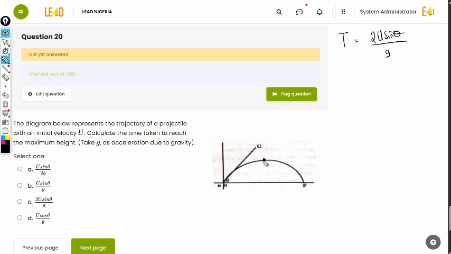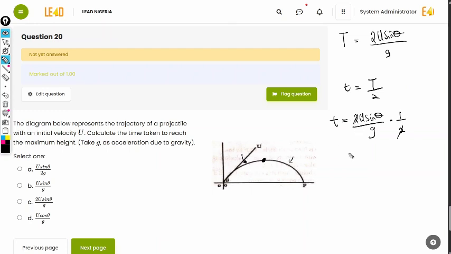But to get to the maximum height, it's really just half, and your projectile motion is perfectly symmetrical around the maximum height point, which is the middle of the motion. So the time for this part will be the same as the time for the other part, and the time to get to the maximum height will be the total time over 2. So small t is equal to 2u sine theta over g, times half.